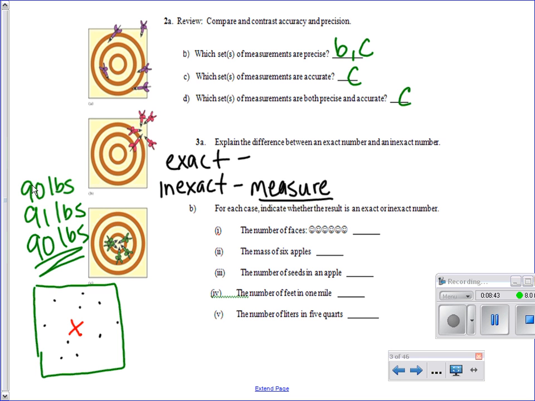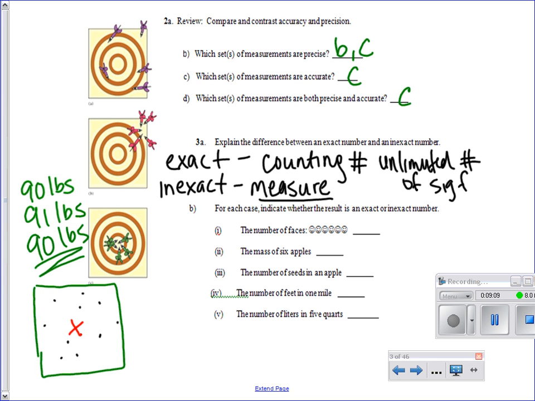But if I were to say I've got 30 people in this room, does that mean anything different to you than saying I have 30.0 people or 30.00 people? No. Counting numbers have an unlimited number of sig figs. So exact numbers are what we call counting numbers, and they have an unlimited number of sig figs because it doesn't make a difference in what that number means.